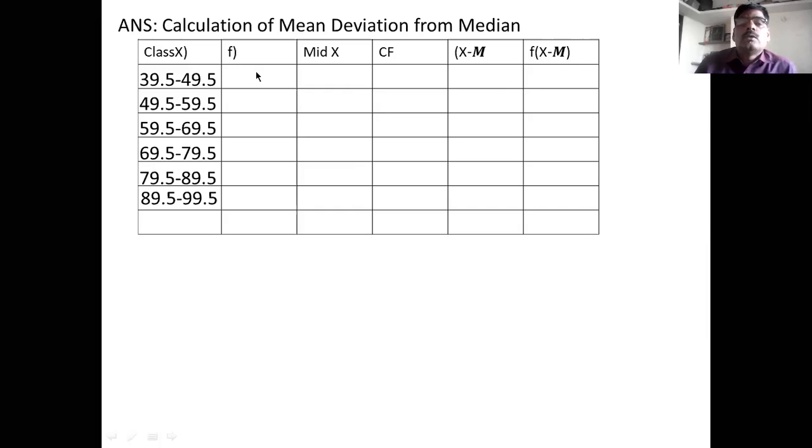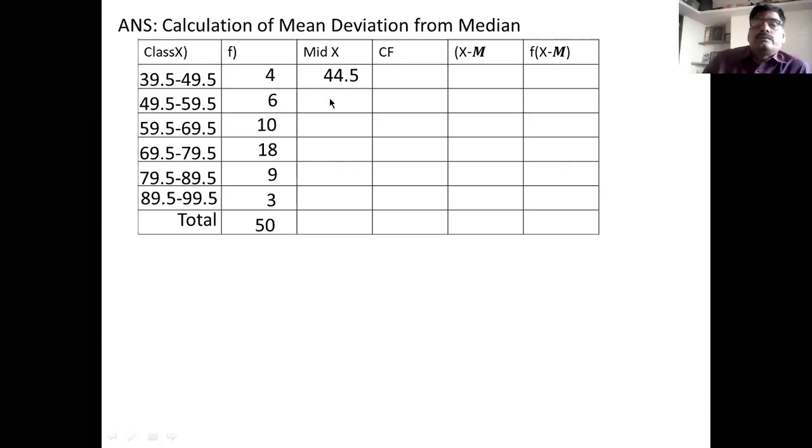Then the frequency is given in the problem. I'll write here 4, 6, 10, 18, 9, 3 are the frequencies. So total frequency is 50. Now you calculate the mid x. 39.5 plus 49.5 divided by 2 is 44.5.